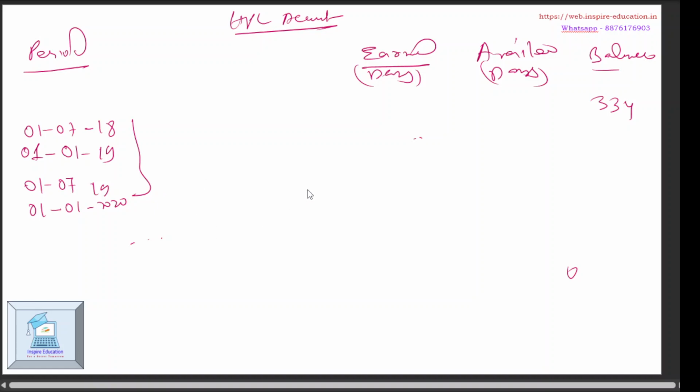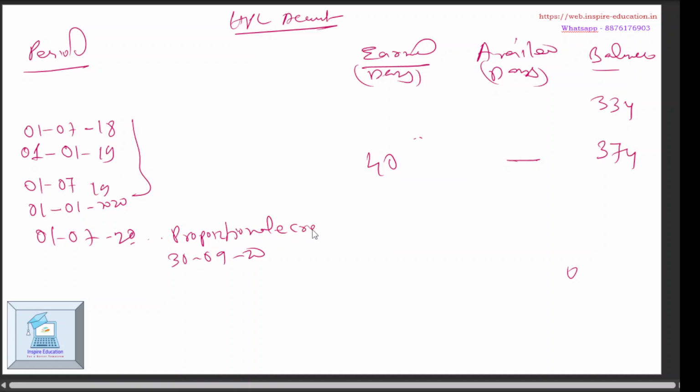So 40 days credit will be given, so it will be 374 days. After that on 1/7/2020 we will give proportionate credit, proportionate credit up to 30/9/2020.